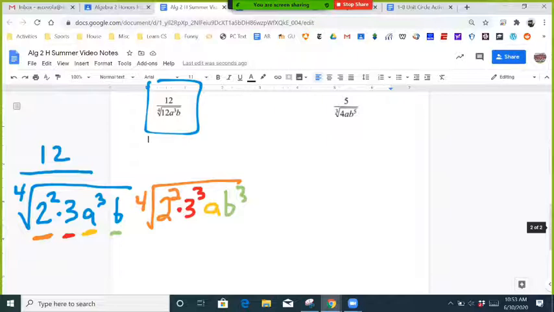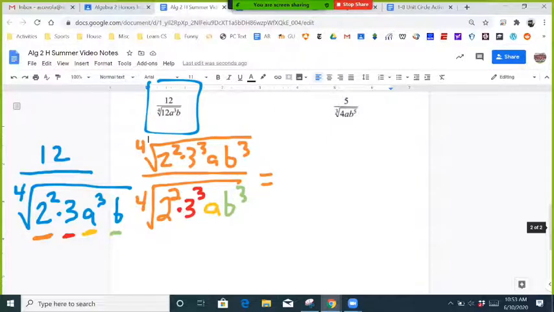You can't just multiply the denominator like that, so you would have to also multiply the numerator by the 4th root of 2 squared times 3 cubed times a times b cubed.